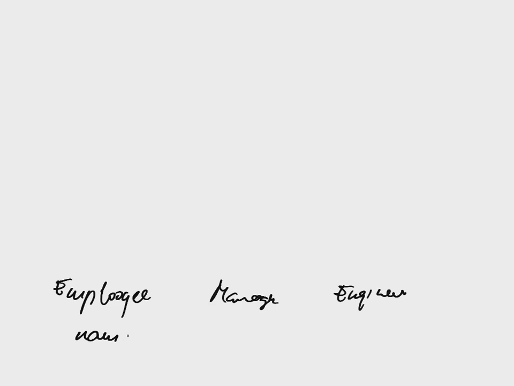For example, you have a class, let's say employee. And you have a name for employee, let's say it's string. For manager, string department. And for engineer, I do not know, degree.